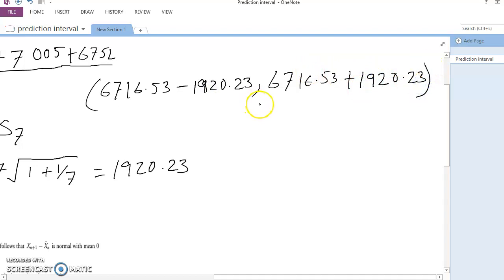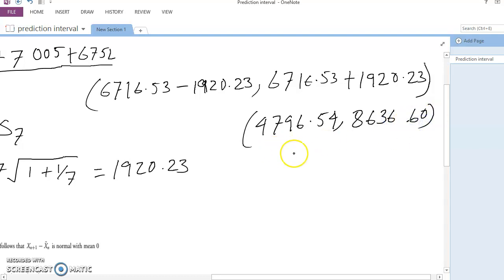So this is my interval. The confidence interval, after adding and subtracting this value, is 4796.54 and 8636.60. So friends, this is my confidence interval.